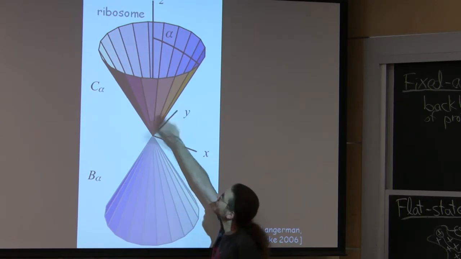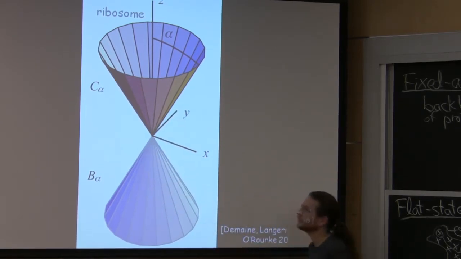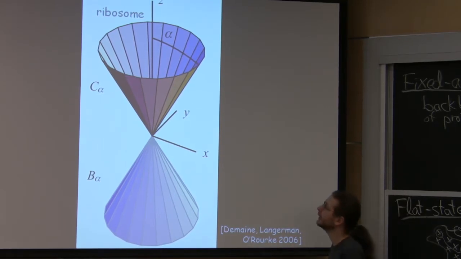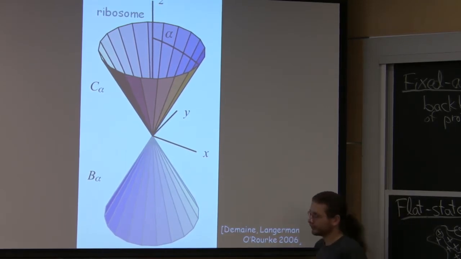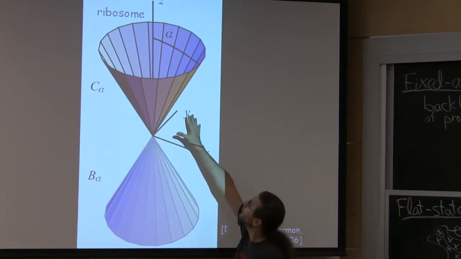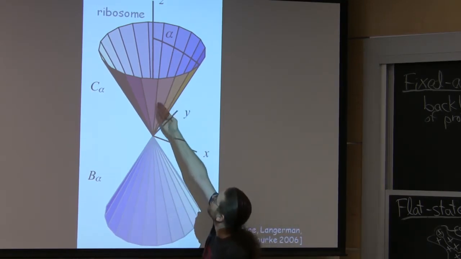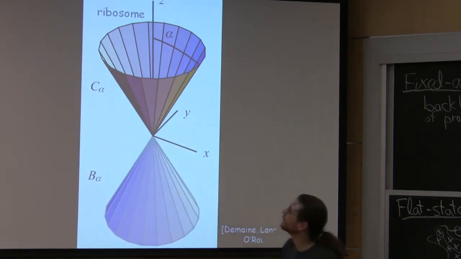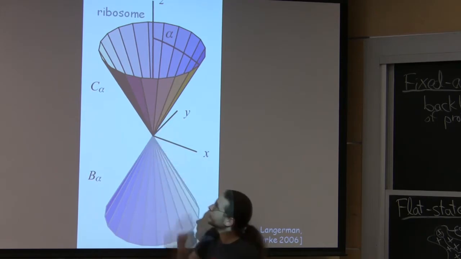It's also just easier to think about when alpha is smaller than 90. But everything I say will work when alpha equals 90, and that is sort of the reality case. So the model is, the ribosome is a cone. We call this the half angle of the cone. From the vertical axis to the edge of the cone is alpha. So if you're going from one edge to the other, it would be 2 alpha.